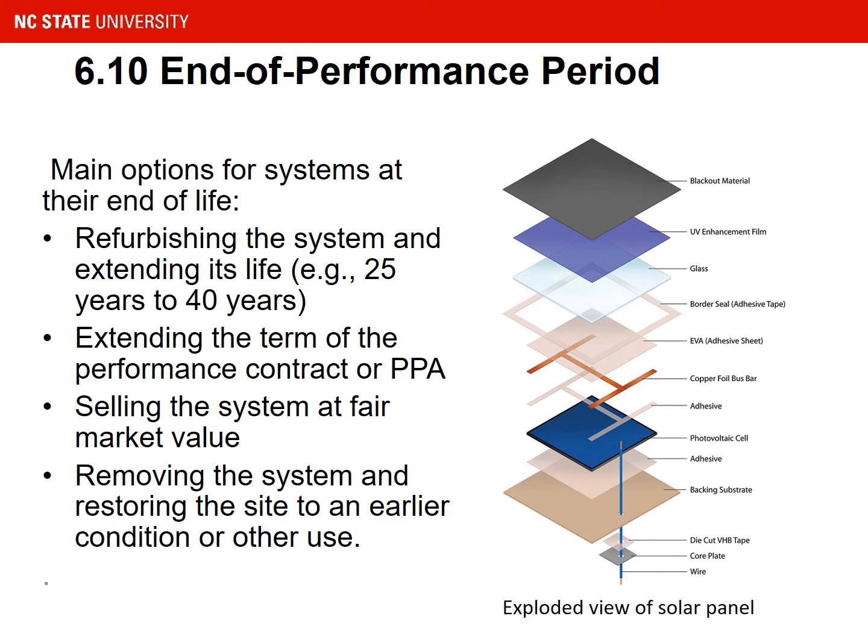In the slide, the image on the right shows an exploded view of a solar panel and all of the different raw materials that could be broken down and eventually recycled for reuse. There's a great deal of materials within each solar panel that could be reused in different products later in their life.